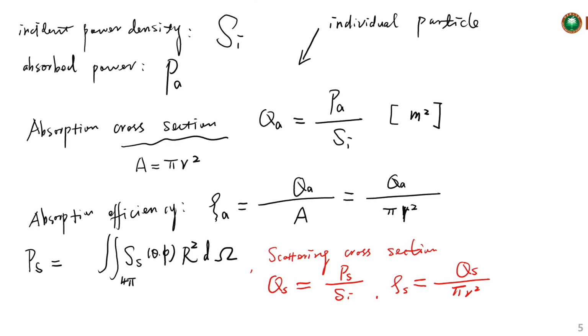Now what we want to do further is for the instant power, so we use P_I, instant power. It is the power loss due to absorption and also the power due to scattering. Alright? And are there any other parts for that?